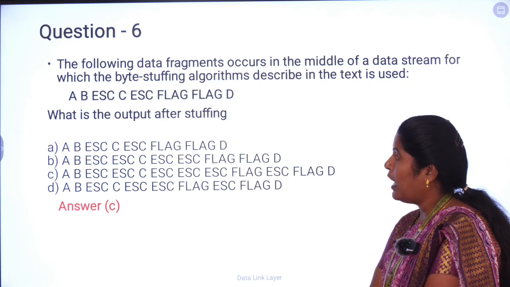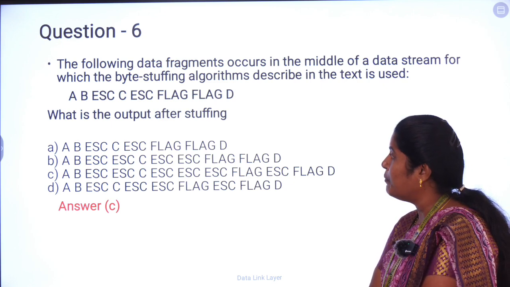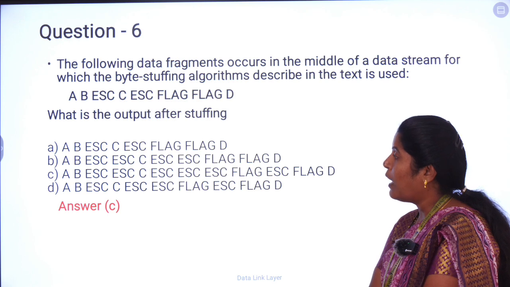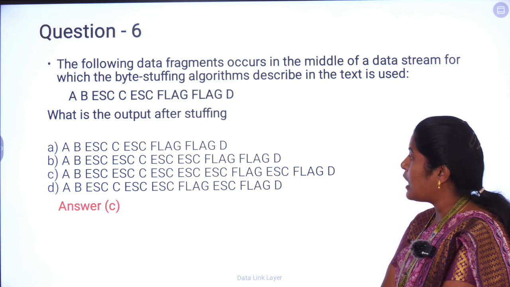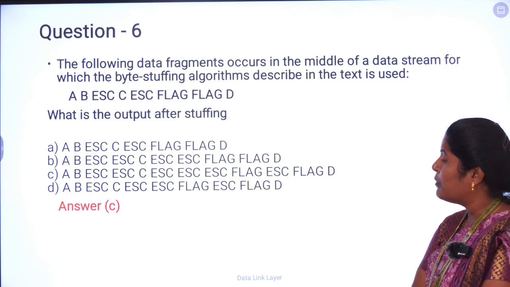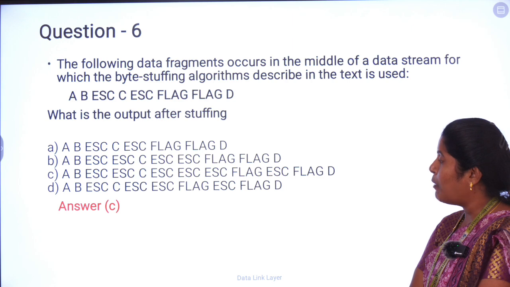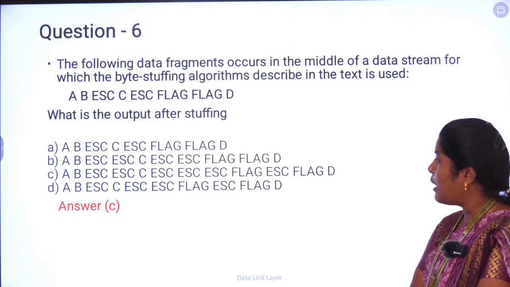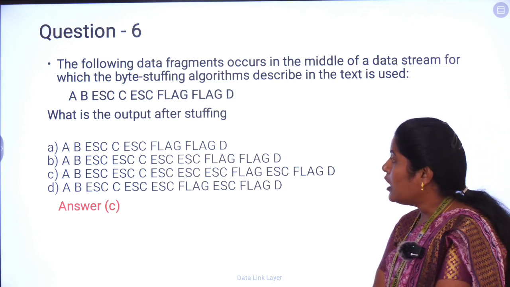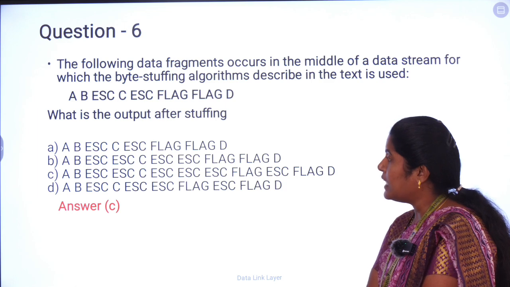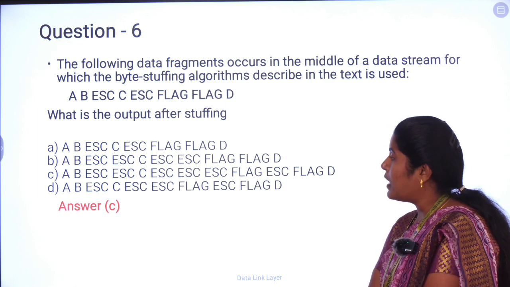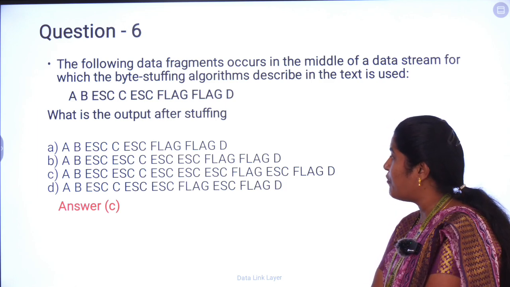Option A: A, B, escape, C, escape, flag, flag, D. Option B: A, B, escape, escape, C, escape, escape, flag, flag, D. Option C: A, B, escape, escape, C, escape, escape, escape, flag, escape, flag, D. Option D: A, B, escape, C, escape, escape, flag, escape, flag, D.